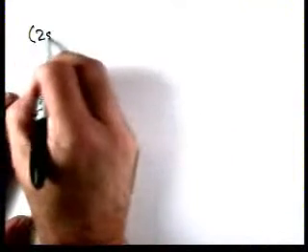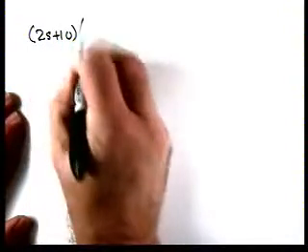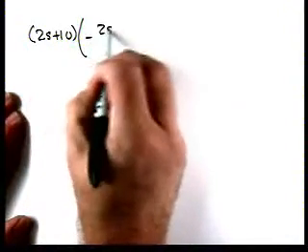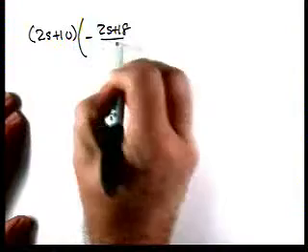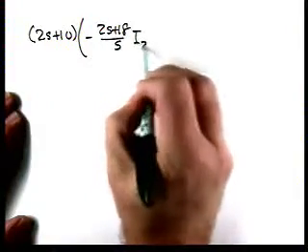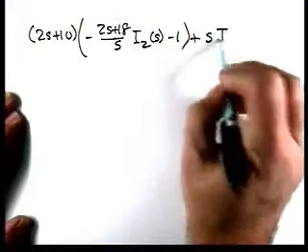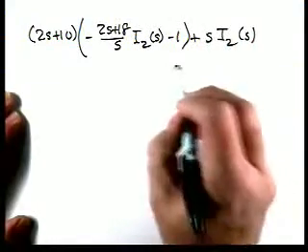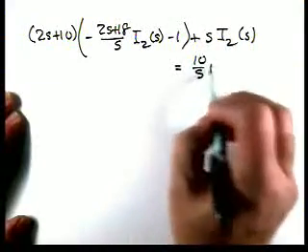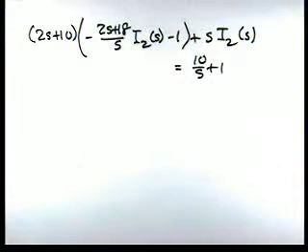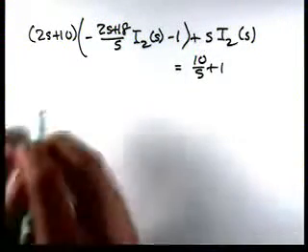So we have 2S plus 10 times minus 2S plus 18 over S times I2 of S minus 1 plus S I2 of S is equal to 10 over S plus 1. So now we perform the substitution, solving for I2.